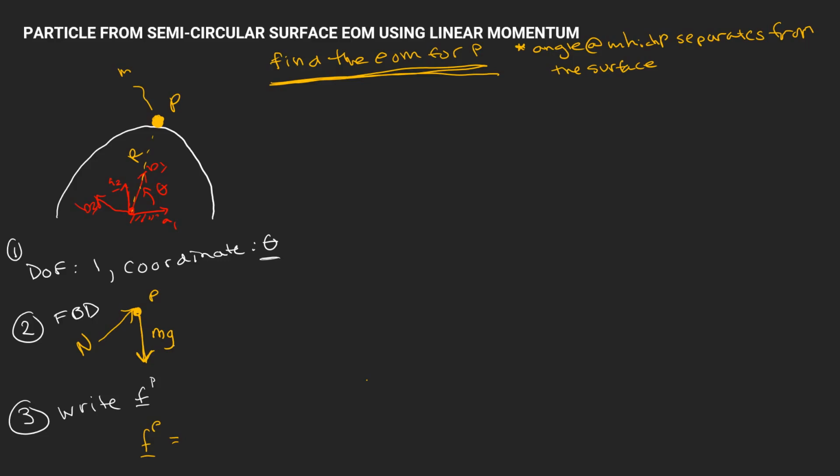So we're going to write minus mg A2. And if you look at the normal force vector, if we go back up to our original problem, it's acting in this direction, which you can write in terms of B1. So we can simply write N B1. And so now we have our equation for force applied.